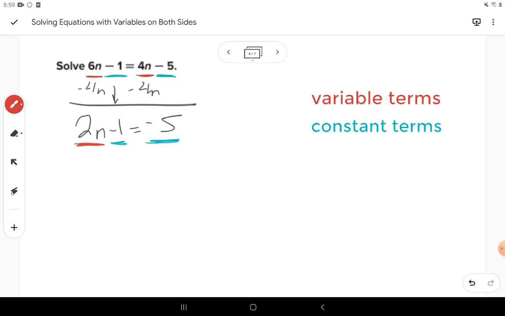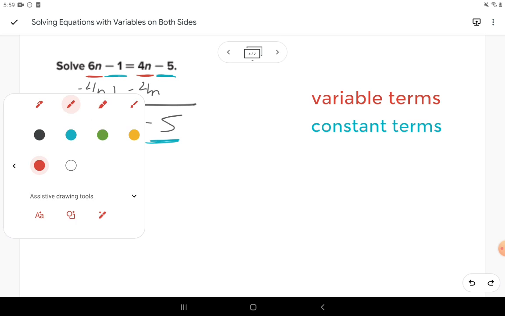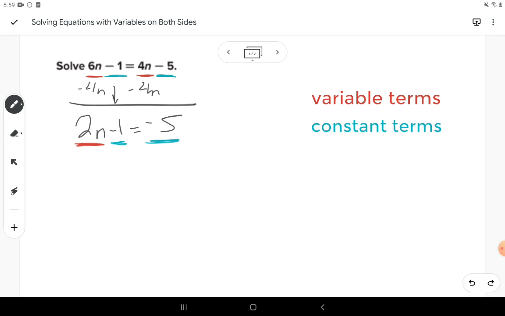So now we're back in a position where if we have two different types of terms on the same side, we have to move the blue color over here so that they're on opposite sides. So to get rid of this -1, I'm going to add 1 to both sides.